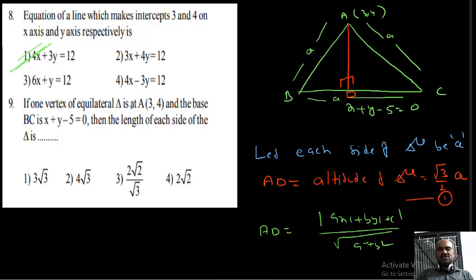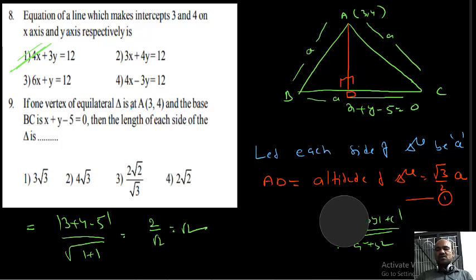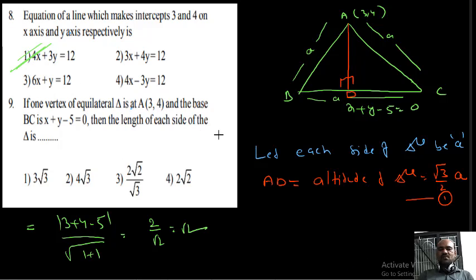That is equal to mod of 3 plus 4 minus 5, by root over 1 plus 1, that is 2 by root 2, which is equal to root 2. What I can say, AD equal to root 2.